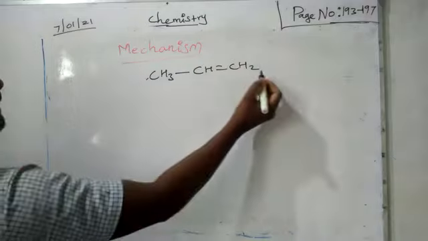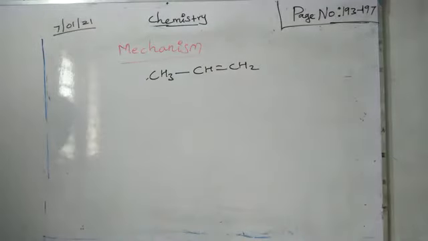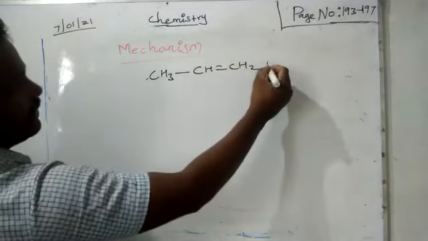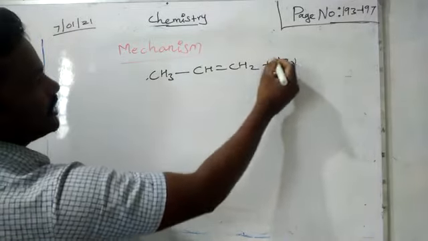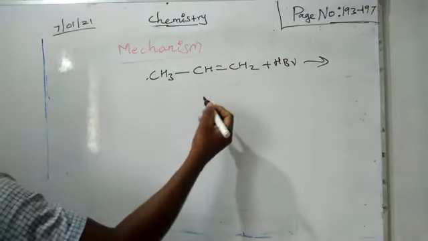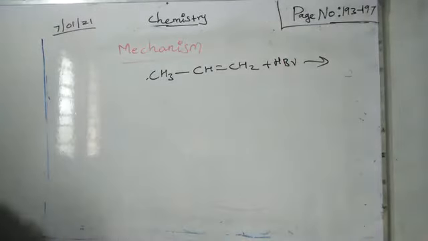So this unsymmetrical alkene reacting with HBr, hydrogen bromide, will give two types of product. Let us see its mechanism. First I have to write the general reaction. It will produce two types of product.